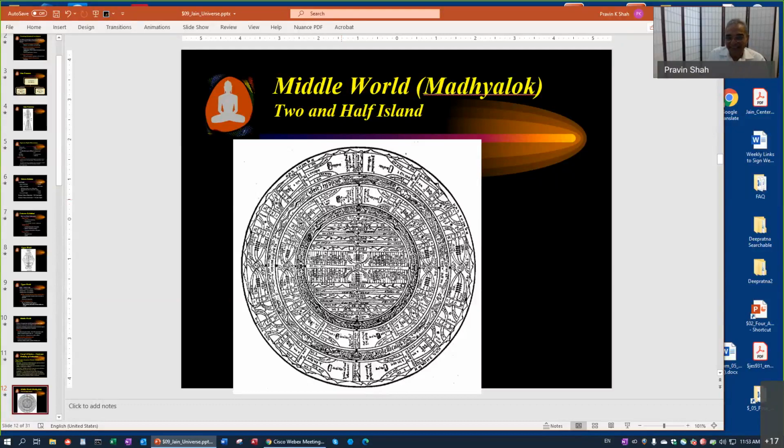The remaining area in these 2.5 islands is akarma bhumi. In akarma bhumi there is no Asi, Masi, or Krusi work. There are kalpa vruksh everywhere, and whatever you desire, it satisfies you instantaneously.